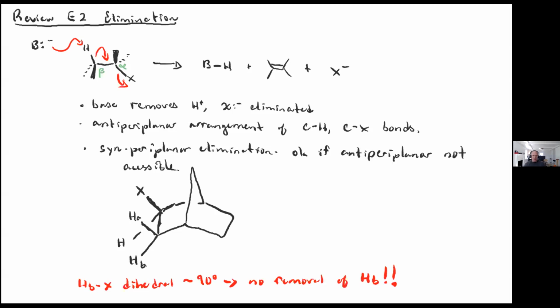For that reason, base will not remove HB. It's very important that you have coplanar alignment of the CX bond and the CH bond, either syn or anti. This is very important. There are obviously no other protons to do an anti-elimination, but the HA and the CX bond are approximately coplanar.